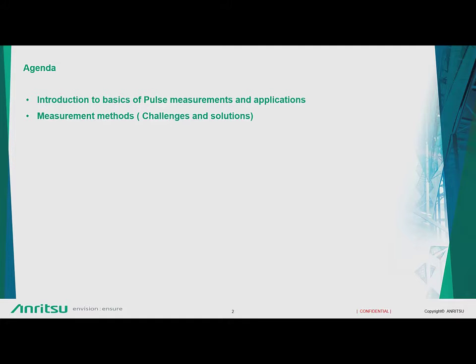We will also focus on various solutions as to how pulse measurements can be done accurately, because pulse is basically like an on and off switch, which makes a system work under pulsed conditions. If I talk of, say, radars, and I will talk in a very detailed manner about radars as well, a radar has a lot of components, both active and passive.